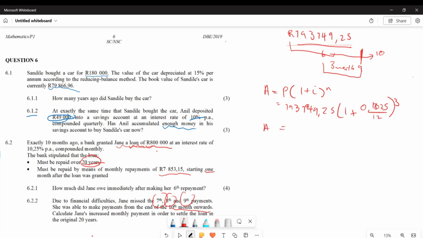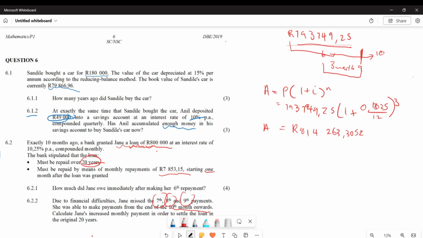How much will then be owing starting from the 10th month moving onward? You'll find out that she will be owing an amount of 814 263,3052.